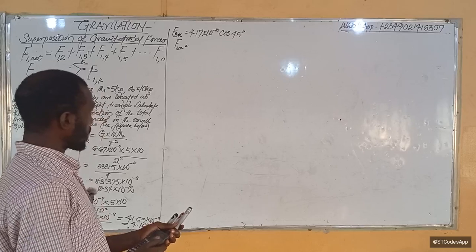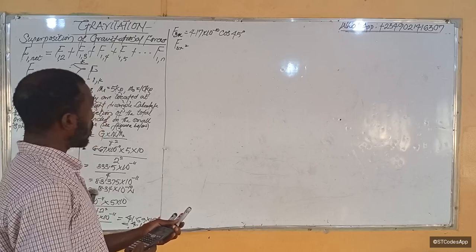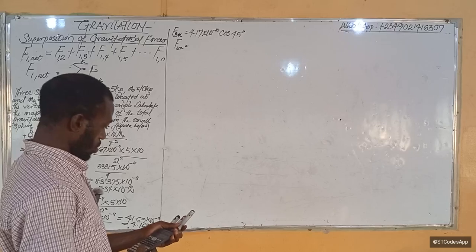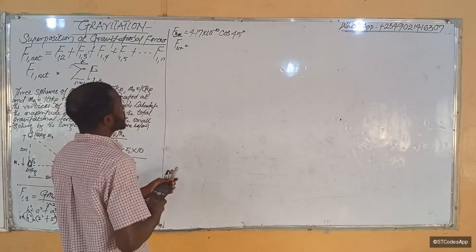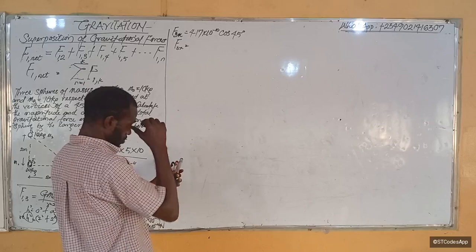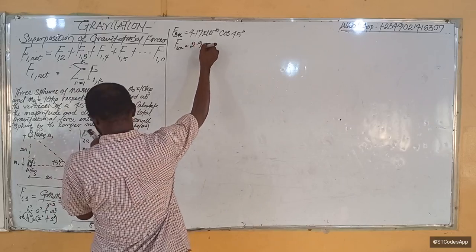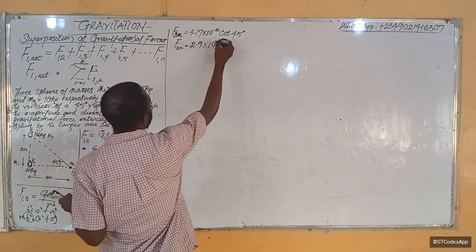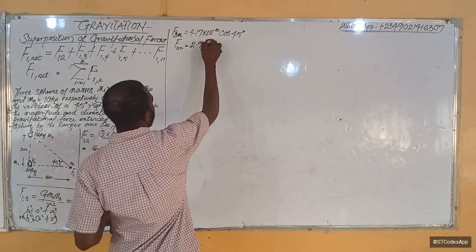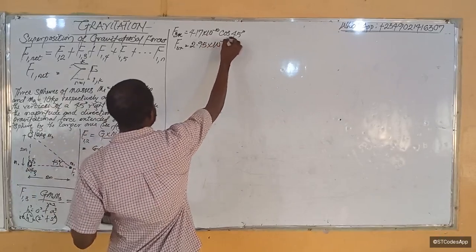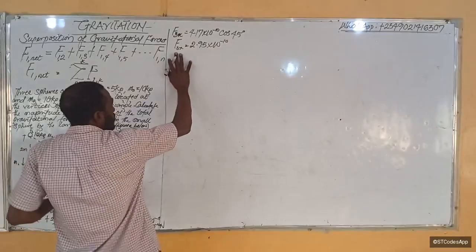So 4.17 times cos 45 is equal to 2.95 times 10 to the power minus 10. So this is the x component of this force.